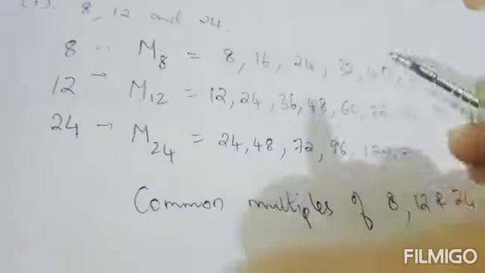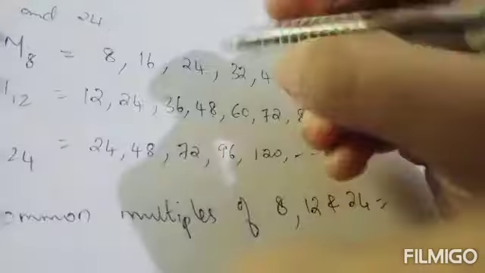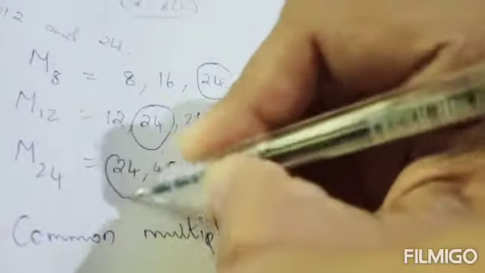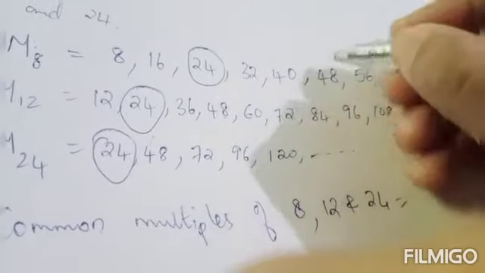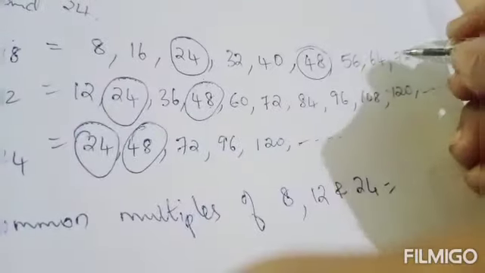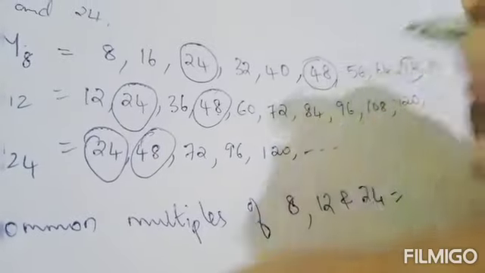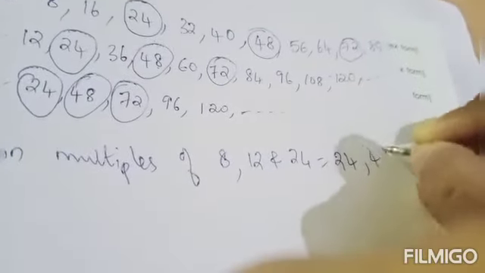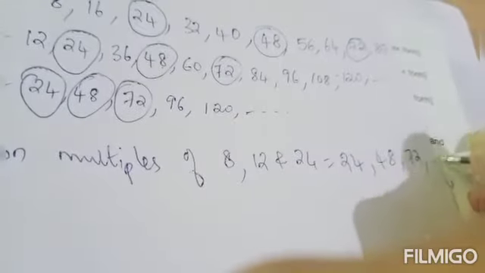Here, the first number you will find is 24. 24 is coming in all three, so you can circle that. Next 48 is coming, then 72 is coming. Only two or three common multiples are needed. So you can write 24, 48, 72, etc.